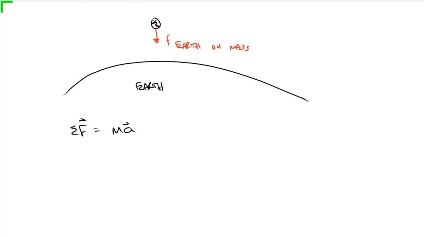And so then therefore, since weight is a force, we have our weight is also a mass times an acceleration.